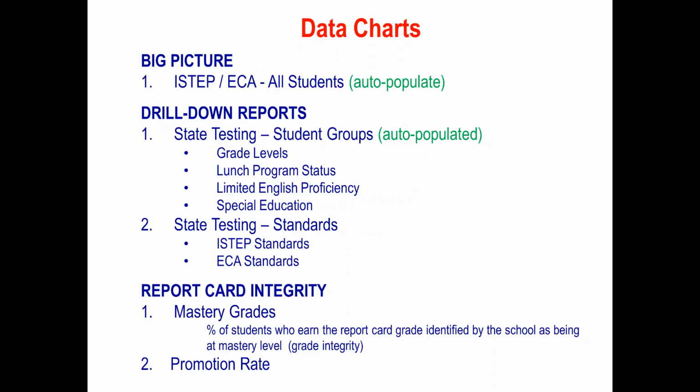Now I can start to maybe fine-tune my interventions a little bit because I know it's third graders or seventh graders who are not mastering ratios. Now I can kind of fine-tune my interventions a little bit. So I'm going to those drill down reports. We like those drill down reports a lot.